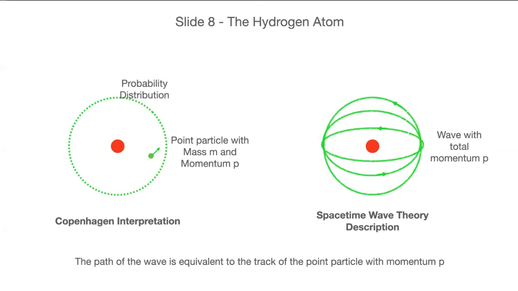Now, if you then think of the looped wave of the electron as being the track of this particle, then what you find is that the momentum is actually spread out over the entire length of the wave, and this electron wave is looping itself many times around the nucleus.